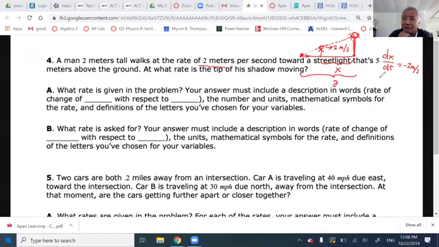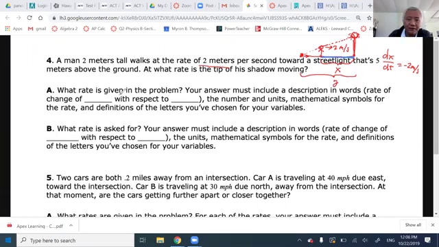It's not that right is positive, not that case. So x represents the distance between the light and the person, which is getting smaller and smaller. That's why dx/dt is negative, 2 meters per second.